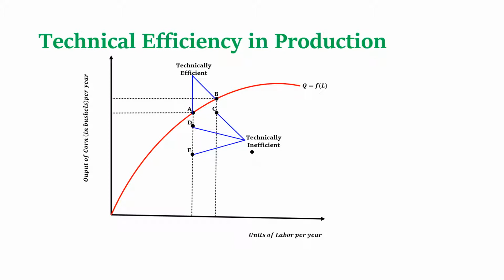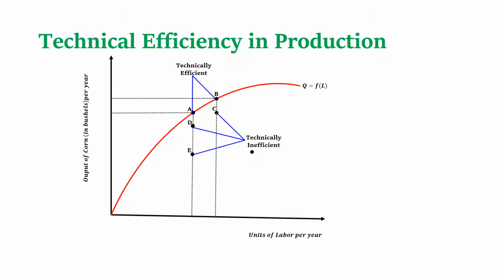Now, why do we say it is technically inefficient? It is because the farm is technically efficient here, given the appropriate technology; he has all the technology at his disposal.